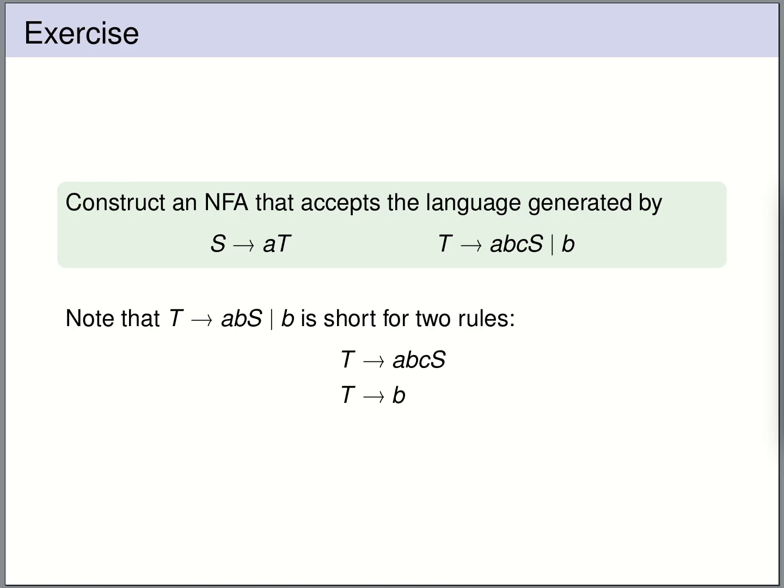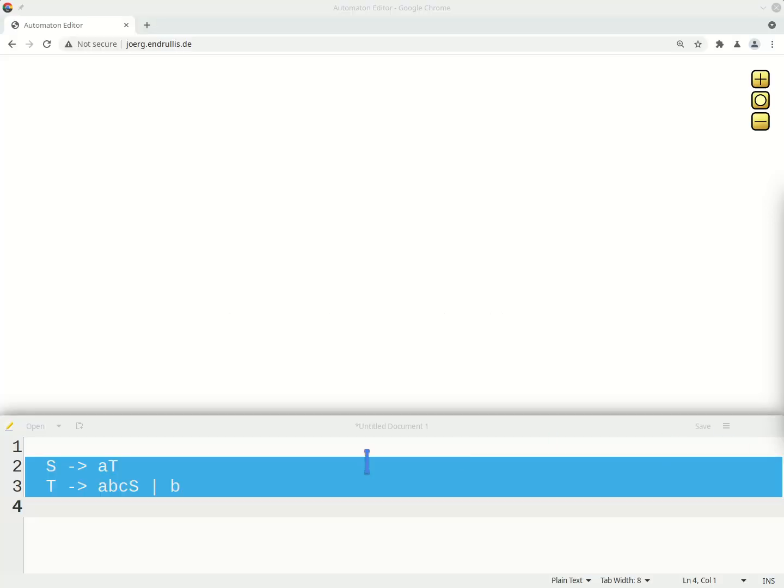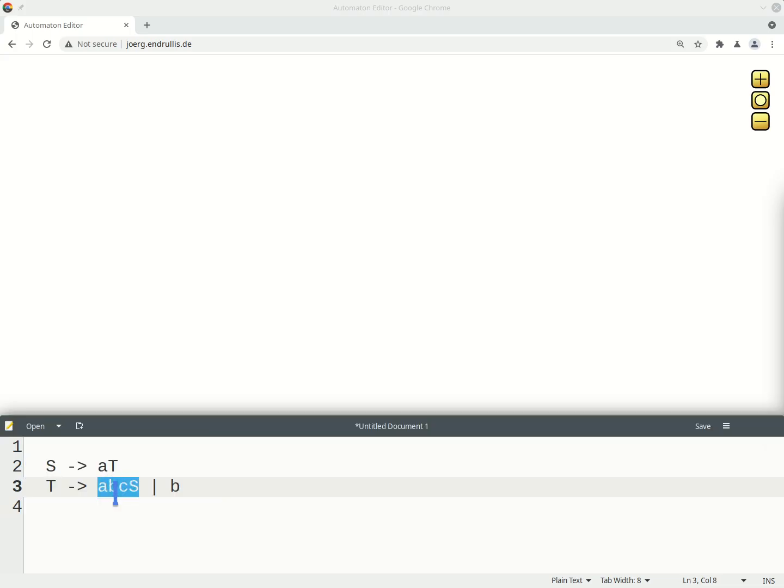As an exercise, we are asked to translate this right linear grammar into a non-deterministic finite automaton. The first step of this translation is to make this right linear grammar strictly right linear. So we have to split this rule.